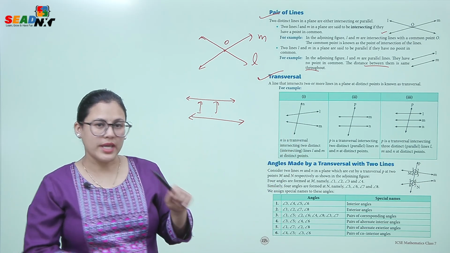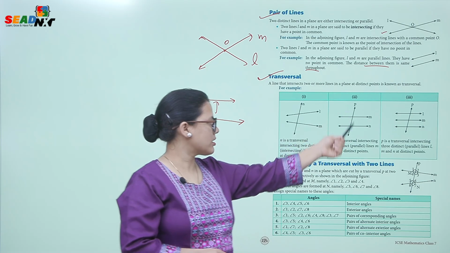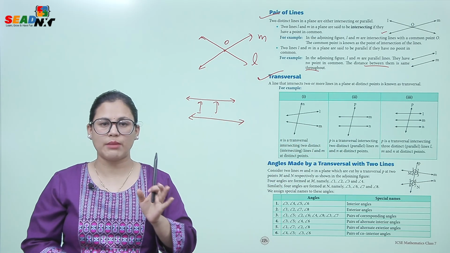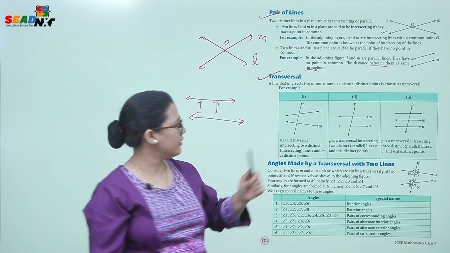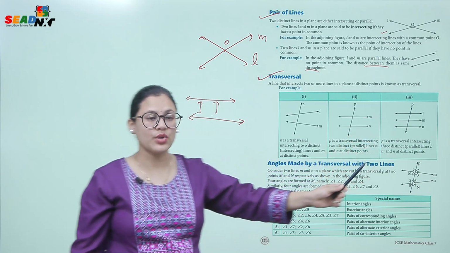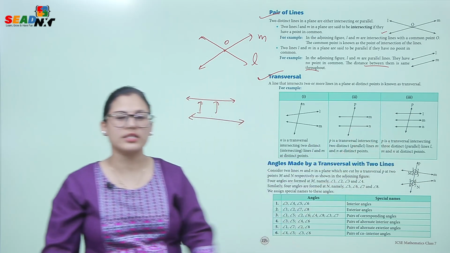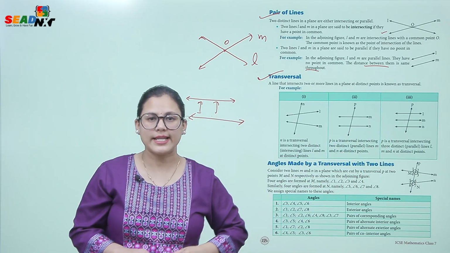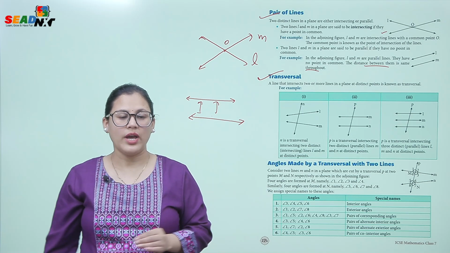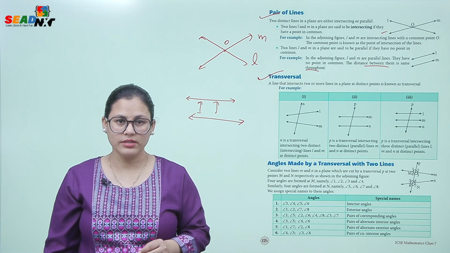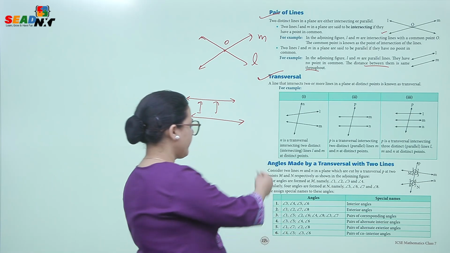And number two, P is a transversal intersecting two distinct lines M and N at distinct points. And here in example 3, P is a transversal line intersecting three distinct lines, that is L, M and N at distinct points.